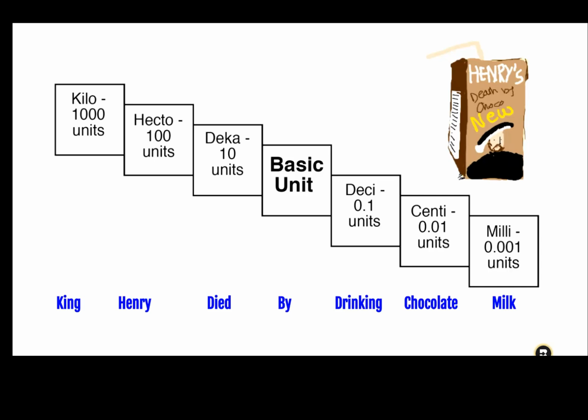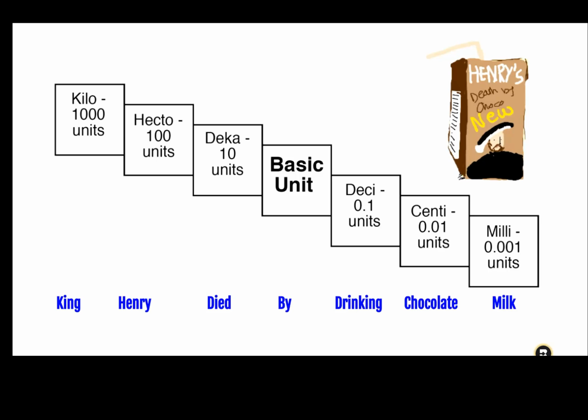Okay, so we need to be able to recreate this little organizer in order to use it effectively. Some of these prefixes are not very commonly used, but we need them in there because they're placeholders. I love mnemonics, which is the fancy word for little phrases to help you remember things.